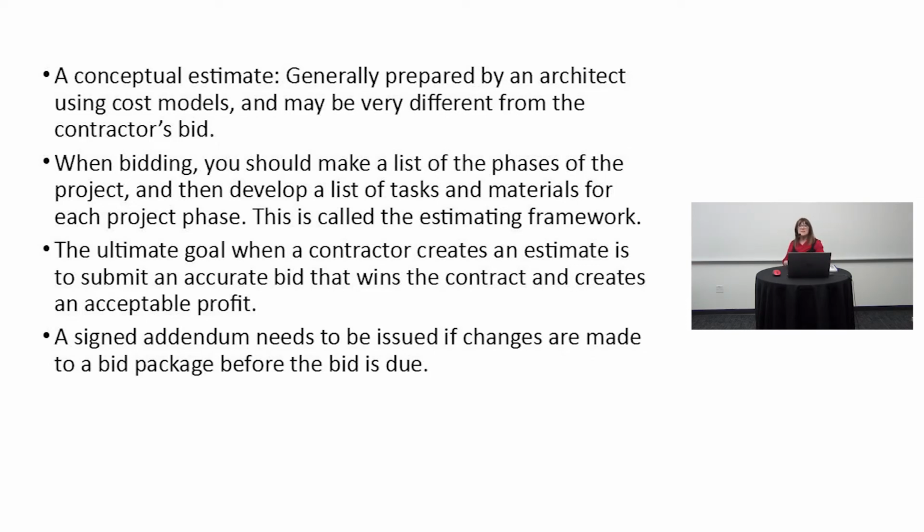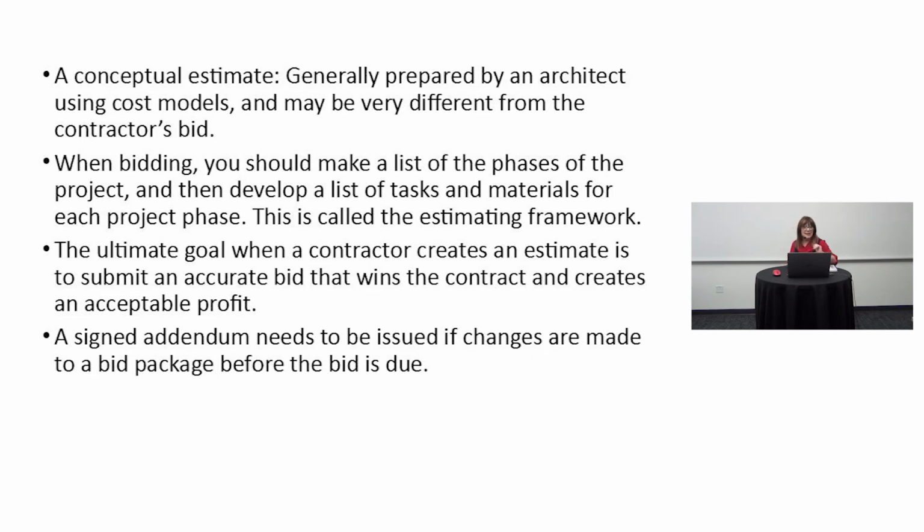So when he puts his drawing and his design together, he uses cost models to determine a budget for that building. This conceptual estimate is very different from the actual contractor's bid, the person who bids it, who's actually going to build it.